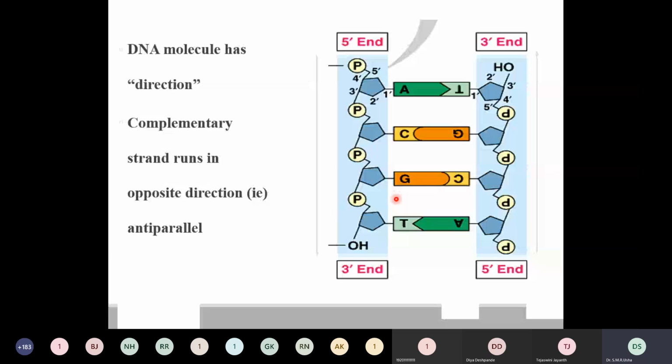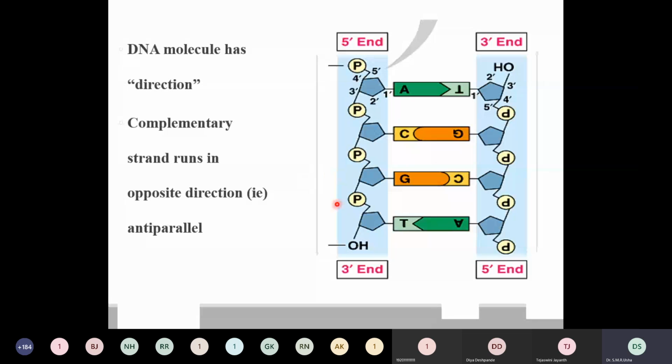Now again, this is a double-stranded DNA structure. 2 points I want you to know. The molecule has direction and the strands are anti-parallel. If this is 5 prime, 3 prime, the other strand is 3 prime, 5 prime.